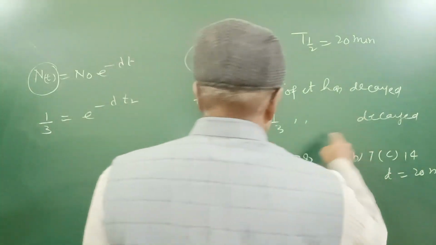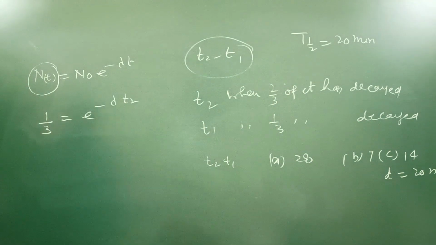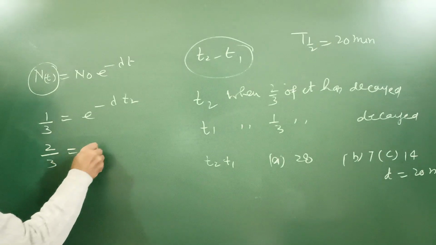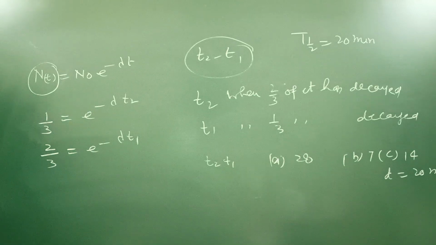For T1, 1 by 3 decayed, so 2 by 3 left: 2 by 3 equal to e to the power minus lambda T1.